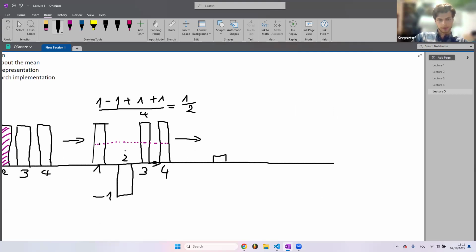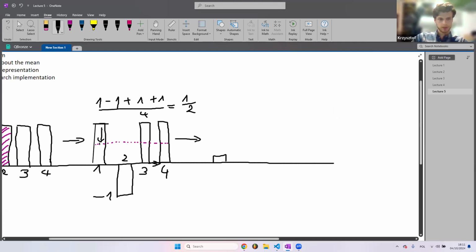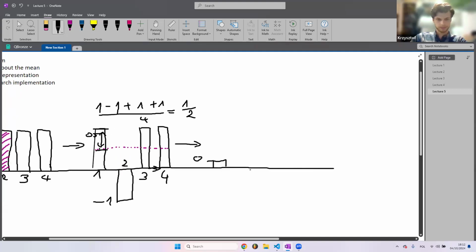But you can see that the distance from here to here is 0.5, and then we subtract this difference 0.5 from the mean. So this will be 0 here. And I draw this little graph so you can see that this works.